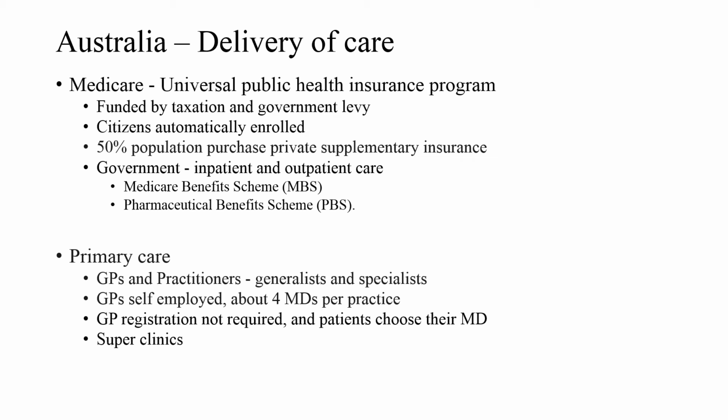This is all paid for. This is all free. And as I said, GPs operate as gatekeepers for referral to specialists. The government also encourages multidisciplinary care coordination by funding GP clinics, and these are called super clinics. They fund this fully, and they establish these patient health networks.